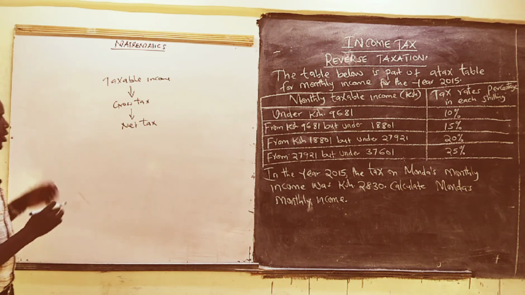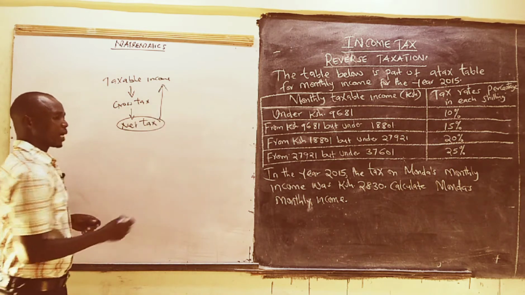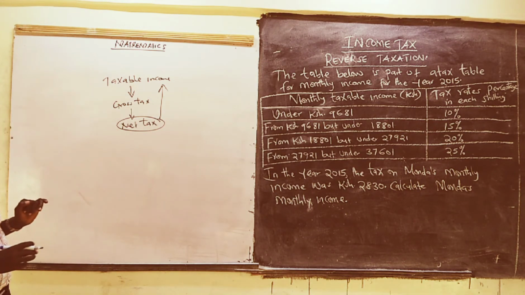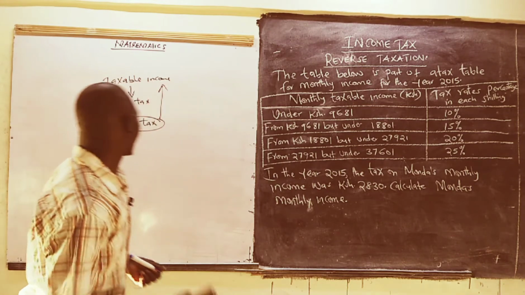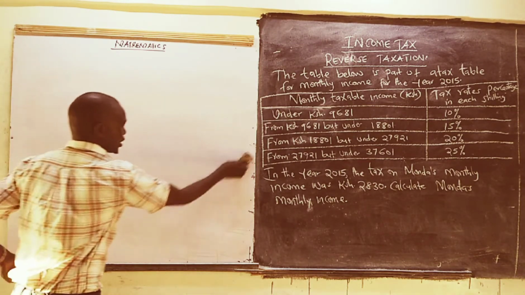This time around you are given the net tax. You are supposed to go backwards and get the taxable income. This question is done the same way we do the forward taxation, and this is what we are going to do in this section.